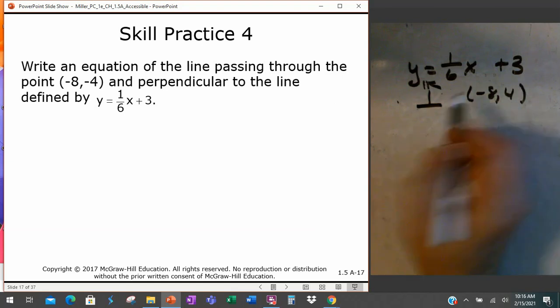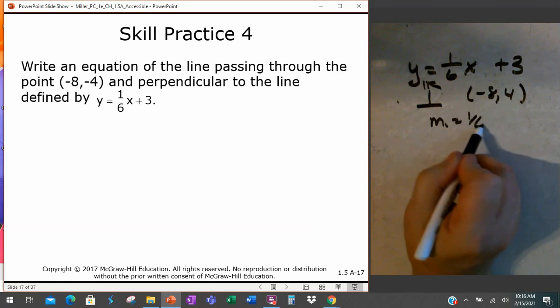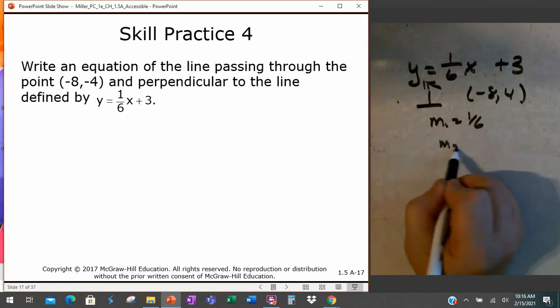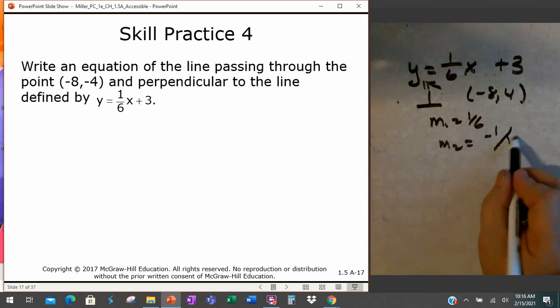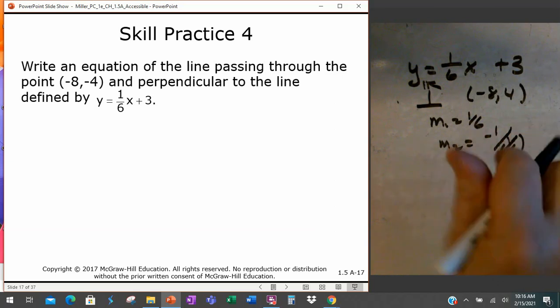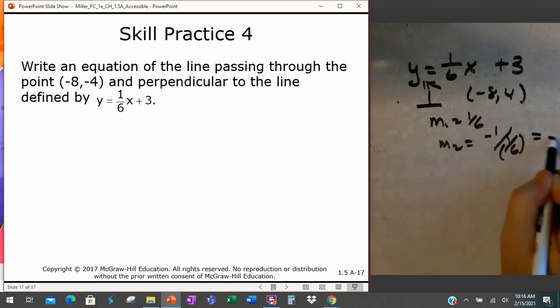So my m1 is 1/6, and my m2 would be negative 1 over m1, which is 1/6. Invert and multiply, so m2 would be negative 6.